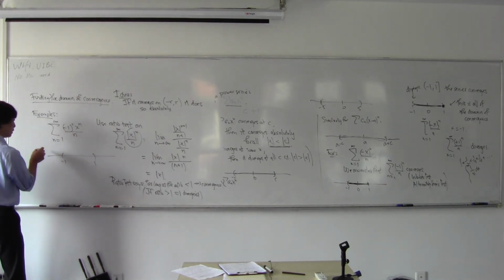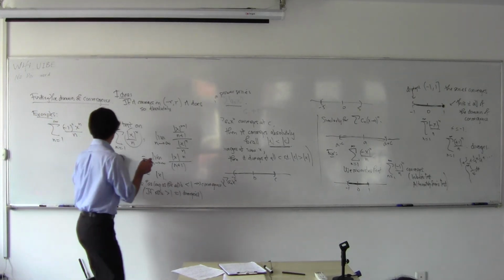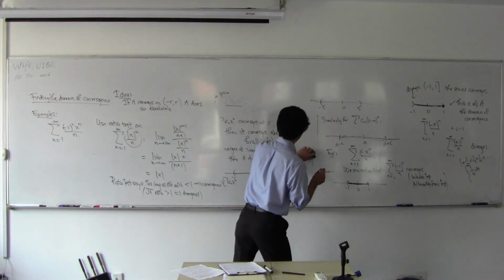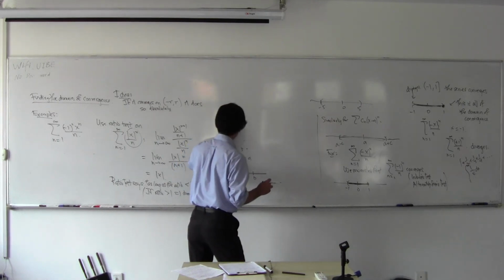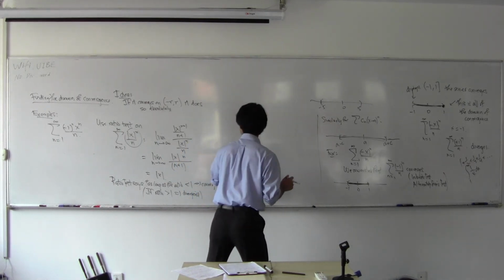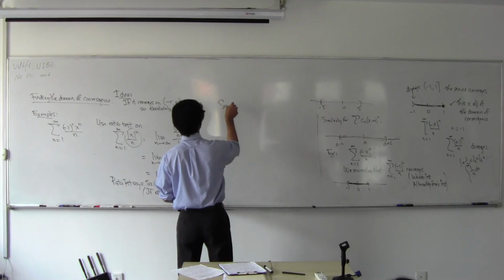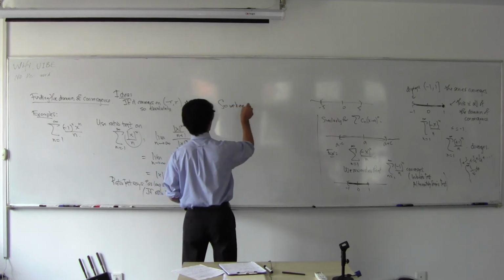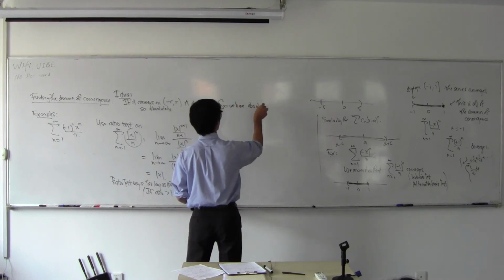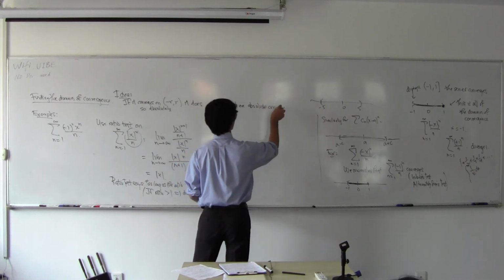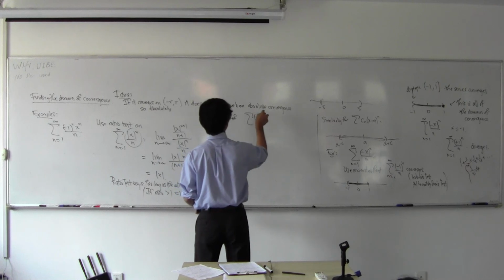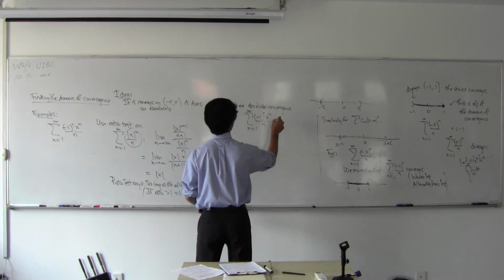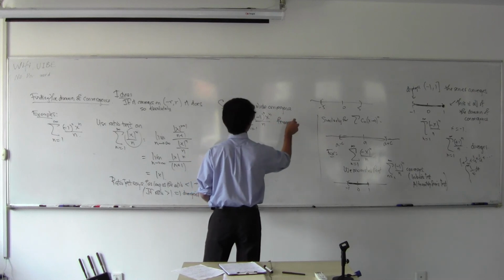Right? I should do it over here. Let's go to left. Okay, so we have absolute convergence of this guy from -1 to 1, right?